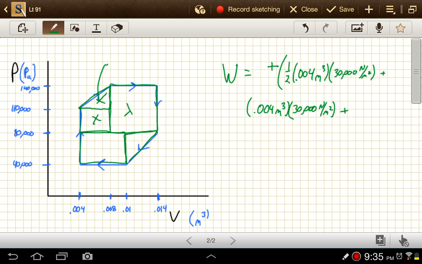Plus this one, we've got a length from 0.008 to 0.014, so that's 0.006 cubic meters, times the height, which must be 60,000 pascals, or newtons per square meter. Plus this one, we've got a width of 0.006 cubic meters, times a height of 40,000 newtons per square meter.